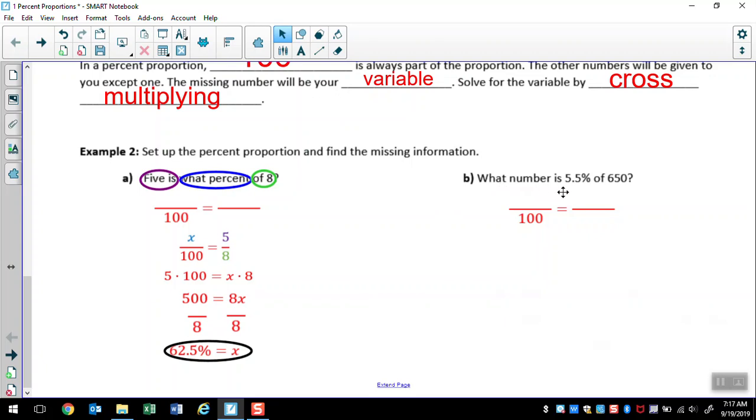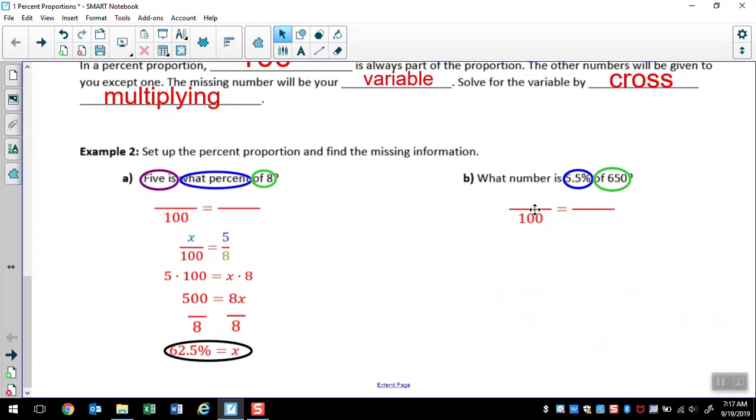So what number is 5.5% of 650? All right, well, I see that percent sign right there with a number. So there's my percent. I've got that. That's going to go right here over the 100. All right, well, they gave me of 650. So there's my of. That's going to go down here.